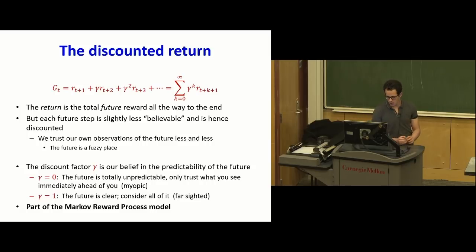We may emphasize them later. But basically, in terms of interpretation, if you have gamma equals 0, then the return is just the current reward, and the future is assumed to be completely unpredictable. If you have gamma equal to 1, then the future is considered to be perfectly clear.